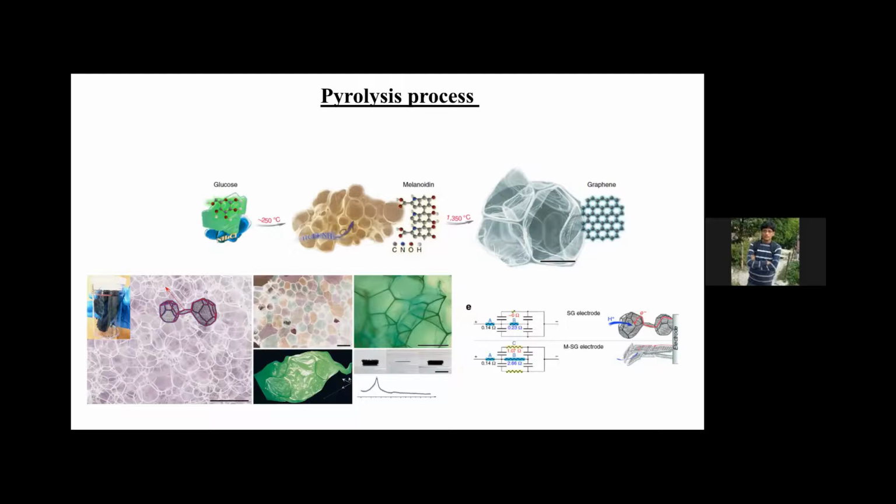It is important that pyrolysis is generally a high temperature process. If the temperature is around 250 or 300, this ammonium chloride converts to HCl and ammonia.